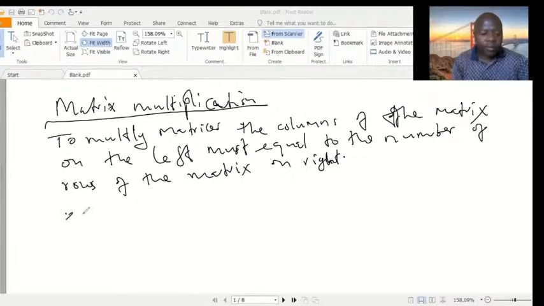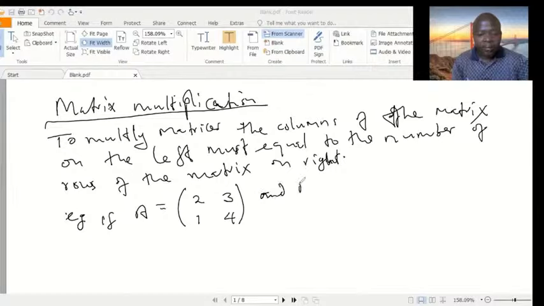For instance, if A is a matrix with 2 columns, and B is a matrix with 2 rows, find AB.